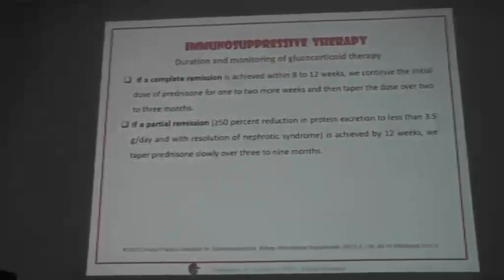If there is partial response, with more than 50% reduction of the initial proteinuria or less than 3.5 gram, and the partial remission is achieved by 12 weeks, we taper over 9 months, a long period, just to maintain even this partial remission.